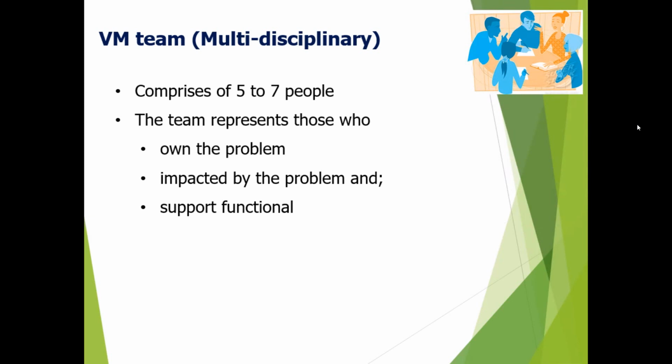The client also you should have in the team, or other stakeholders who will have the problem, who will face the problem, okay? And then those impacted by the problem. So that is the external stakeholders, somebody representing that can be part of the team, right?